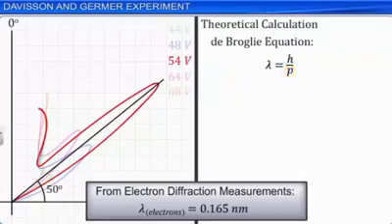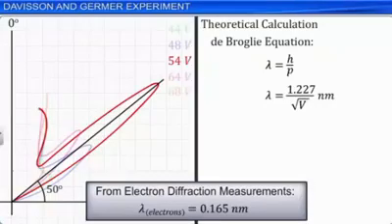If the electron is accelerated from rest through a potential difference of V volt, then, substituting the values of mass of the electron, charge on the electron, and Planck's constant, the expression for wavelength is obtained as 1.227 by square root of V nanometer.